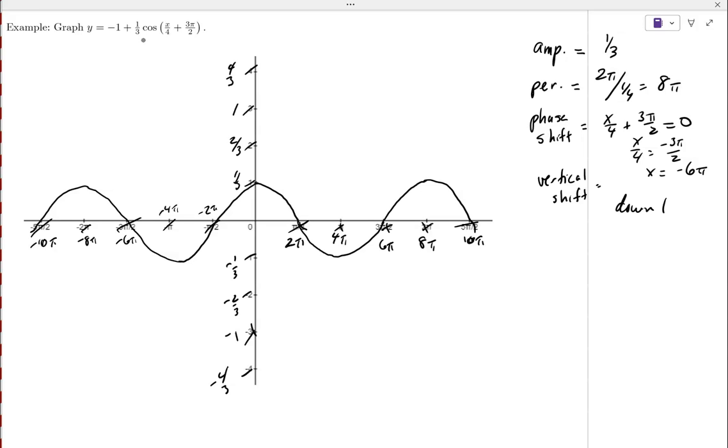Are we okay with the amplitude change and the period change? Now we shift. We need to go over to the left and down, right?